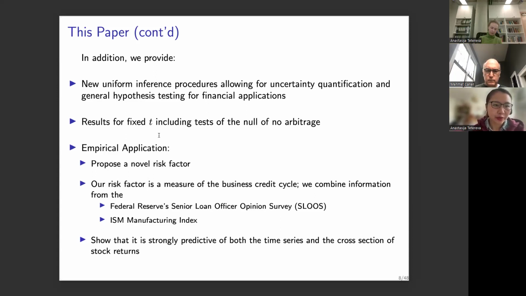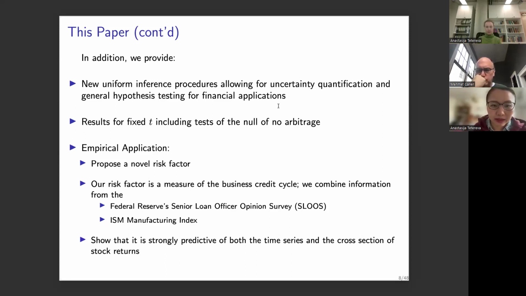First is this new uniform inference procedure, which allows for uncertainty quantification. A plain question to ask is: if one keeps doing this portfolio sorting, estimating beta and sorting on those betas, for example high minus low investment, would one make money if you take the average returns over a certain period?